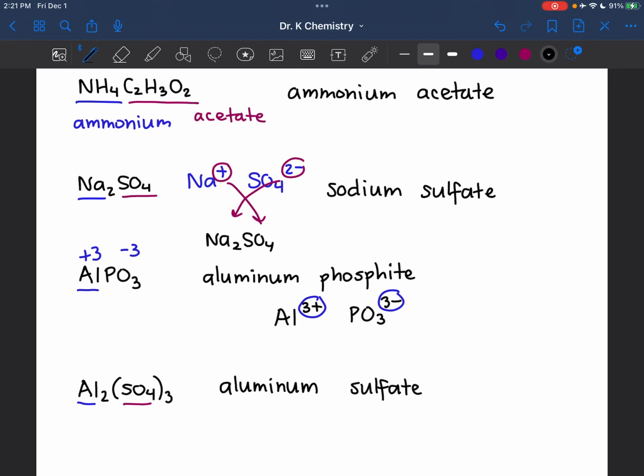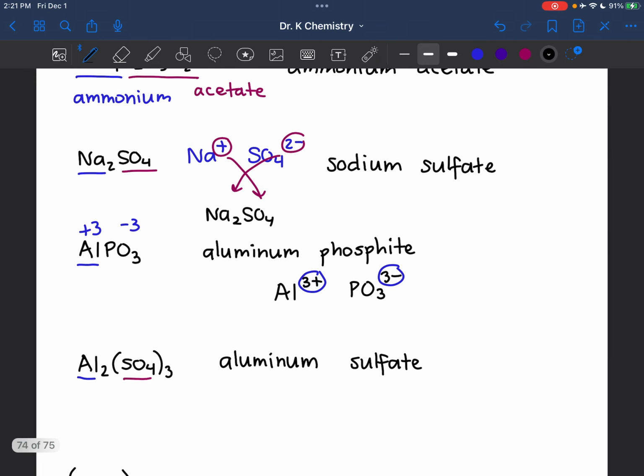And if you want to check this, once you generate your name, you can go backwards and reconstruct that formula using your name and check if that is correct. So aluminum has a charge of +3. Sulfate is SO4 with a -2 charge.